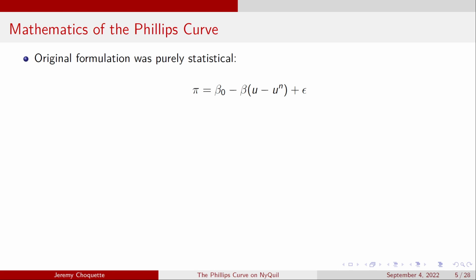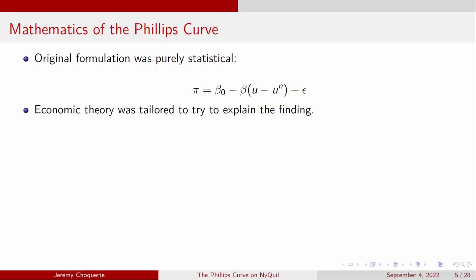And if you're wondering what the natural rate of unemployment is, it is simply the rate of unemployment that we would have absent any sort of exogenous shocks, anything that is affecting the economy that isn't directly related to unemployment.